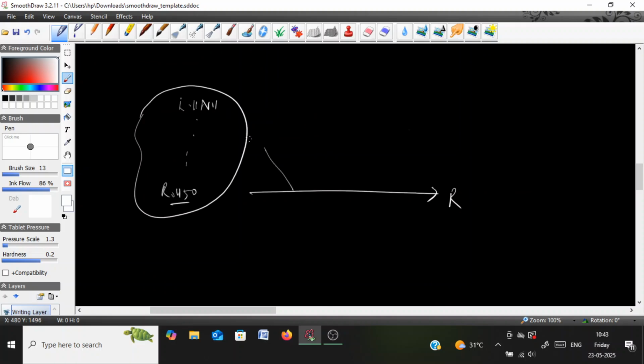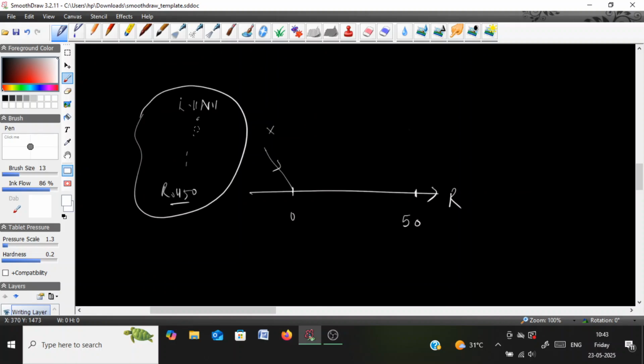So you define a random variable x which maps each candidate with the marks obtained by him or her in the test or exam. Okay, and the range of marks can be anything. Maybe the minimum is 0 and the maximum is suppose 50.